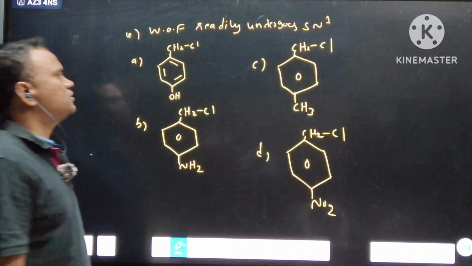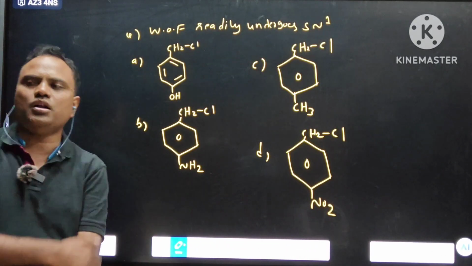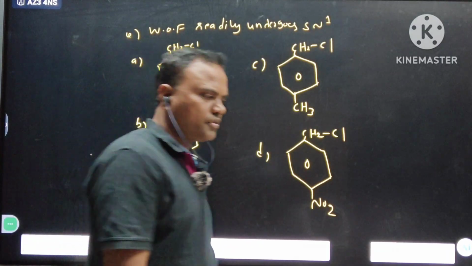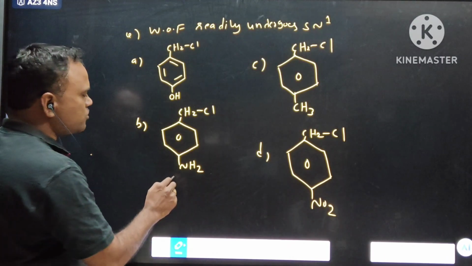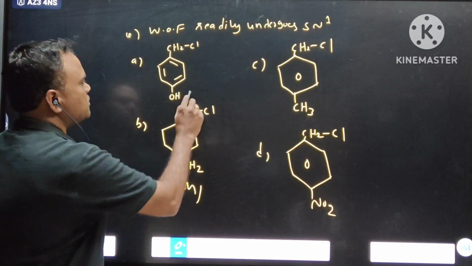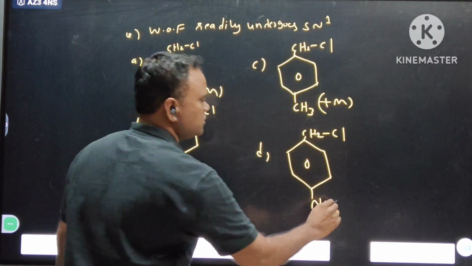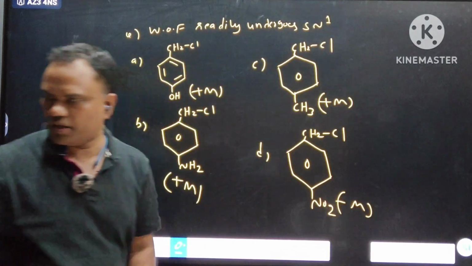First of all, select the alkyl halide which readily participates in SN1, then give the order of reactivity. NH2 is a plus M group, OH is a plus M group, this is also a plus M group, this is a minus M group.